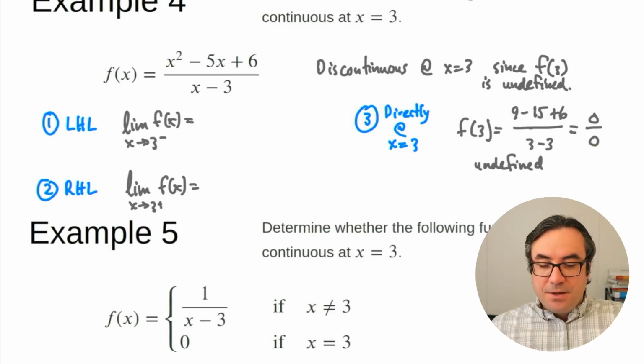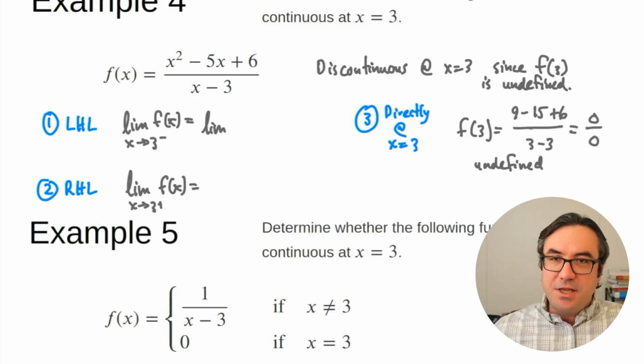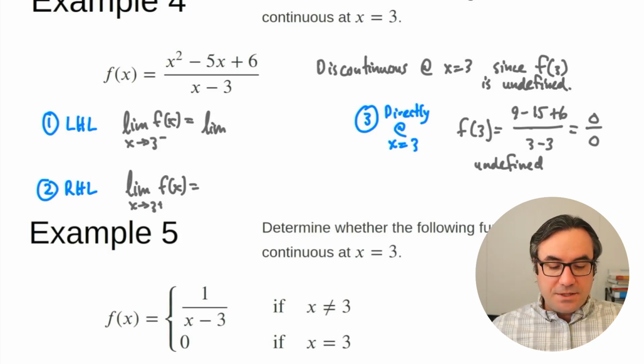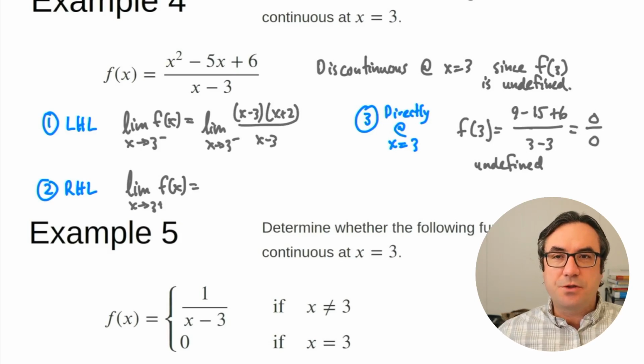Now for this one, let's just get a little practice here. We should be able to calculate these limits. So let's see if we can factor the numerator of our fraction. I think this one factors nicely into x minus 3 times x plus 2. And we're doing the limit as we're approaching 3 from the left.